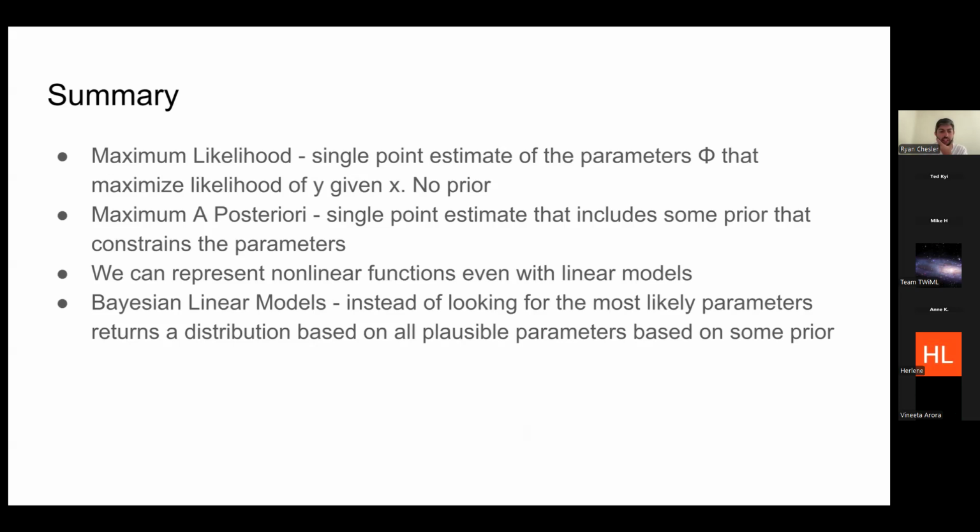And then we looked at the Bayesian linear models, and with that one you're not really caring about the parameters. You're caring about the distribution of the outputs based on what reasonable parameters could be. So you're sweeping through all of the possibilities and saying what do the reasonable outcomes look like.